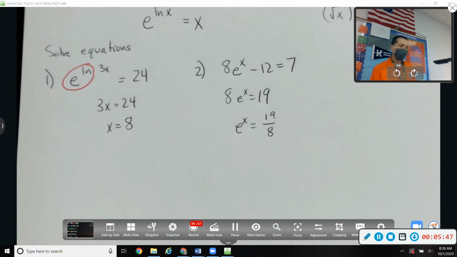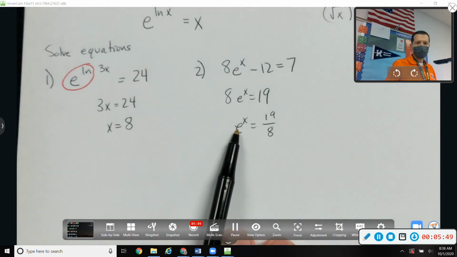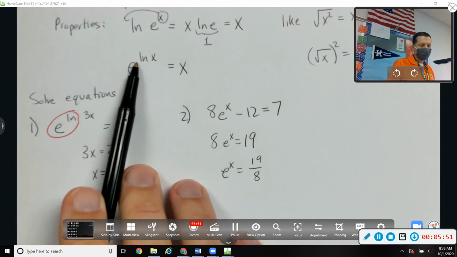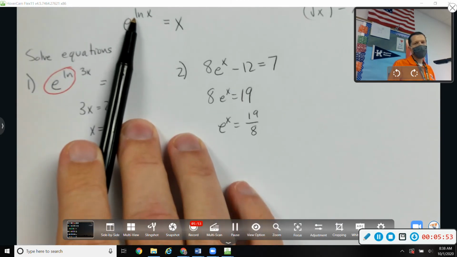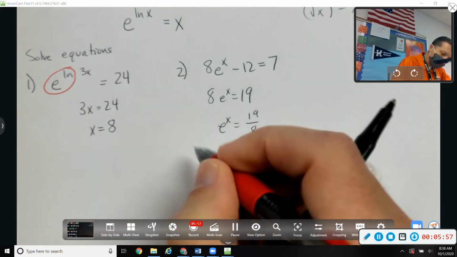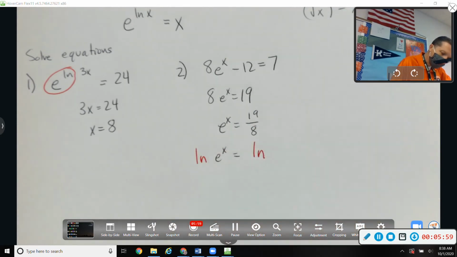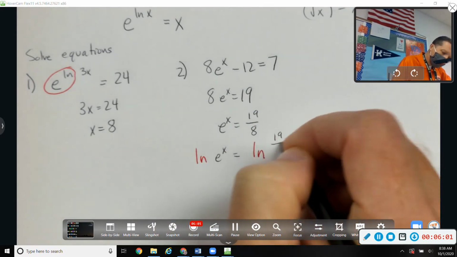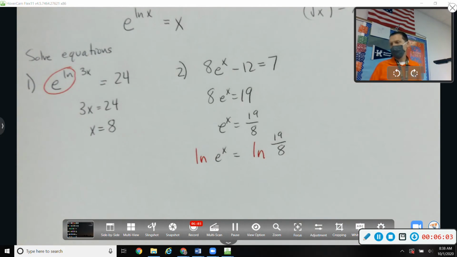If we want to undo e to the x, we know that natural logging it would undo the e part. So I'm going to natural log both sides. Just like you can add 5 to both sides, or you can square root both sides, or you can divide both sides by 12, you can natural log both sides.